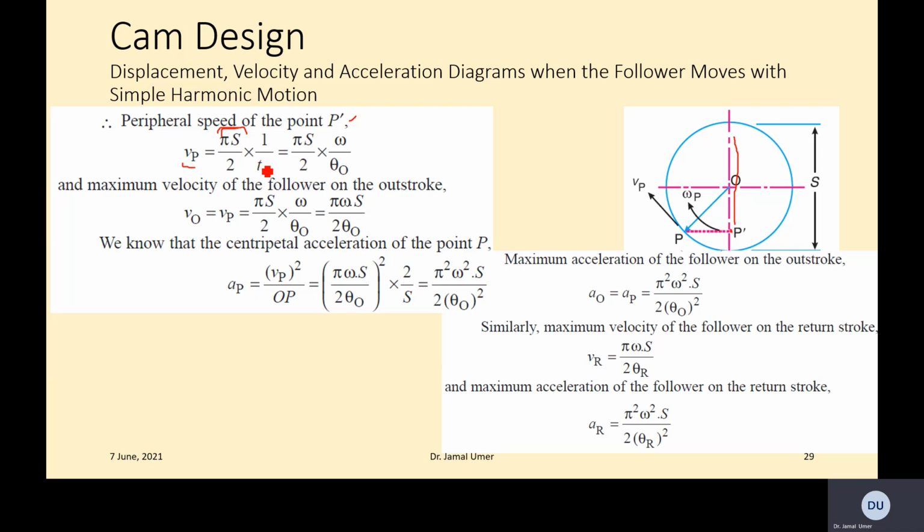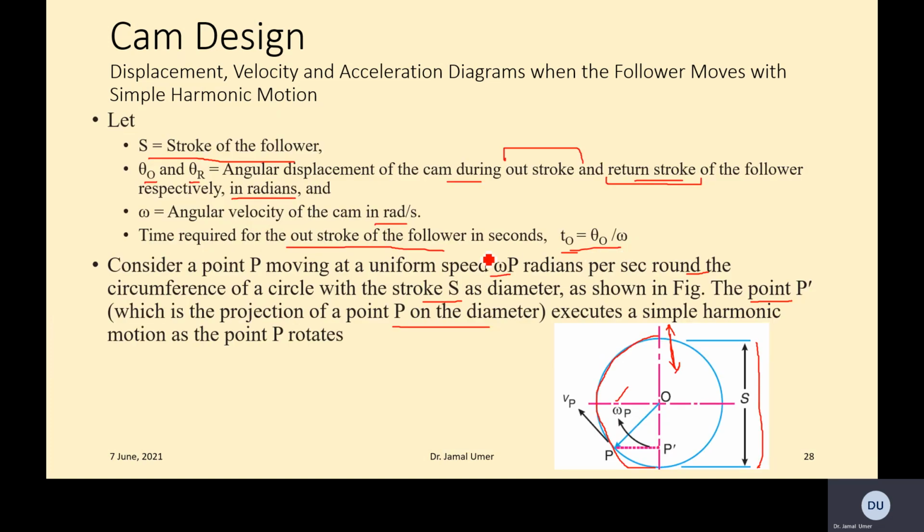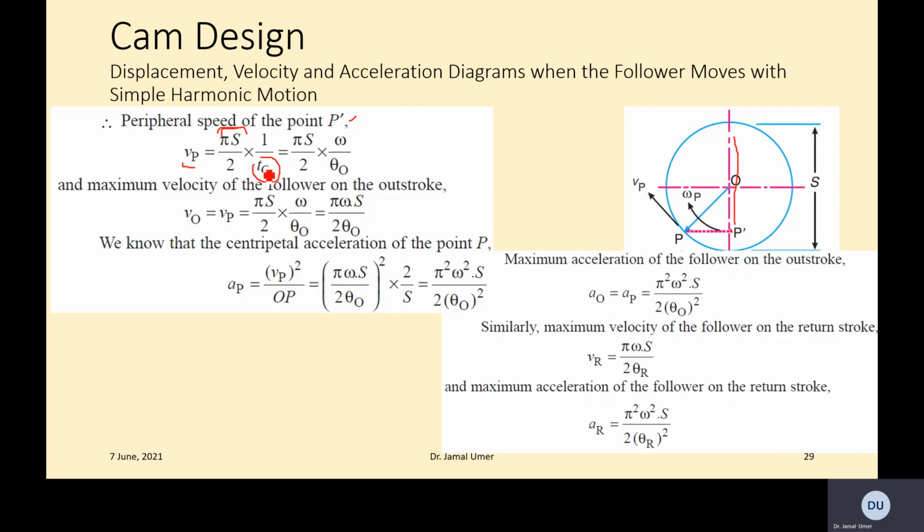Instead of time we can write it in terms of speed, because t0 is equal to theta 0 over omega, so you just invert it, and that's the equation. This is the peripheral speed of point P, and then the maximum velocity of the follower on the outstroke is pi omega S over 2 theta 0. For the return stroke it's the same equation, using the return angle instead of the outward one.